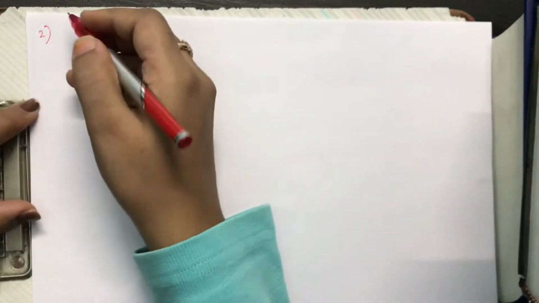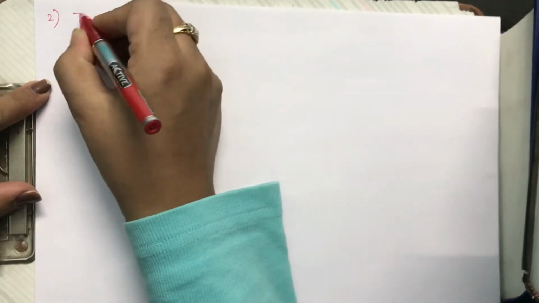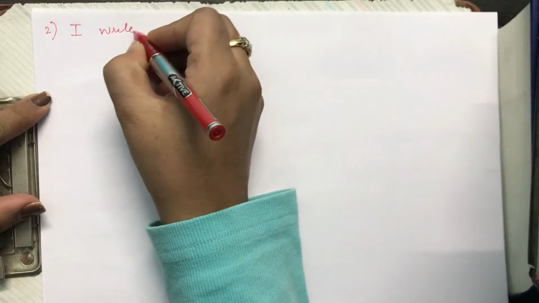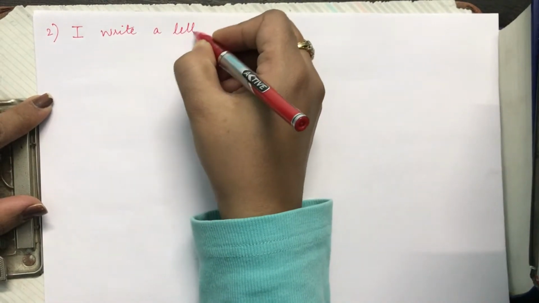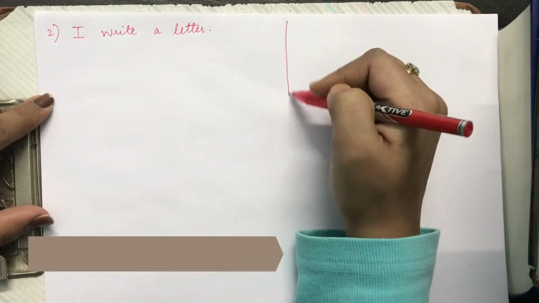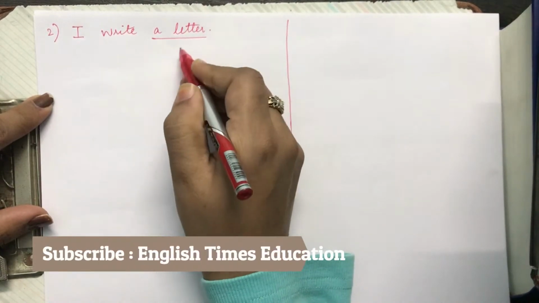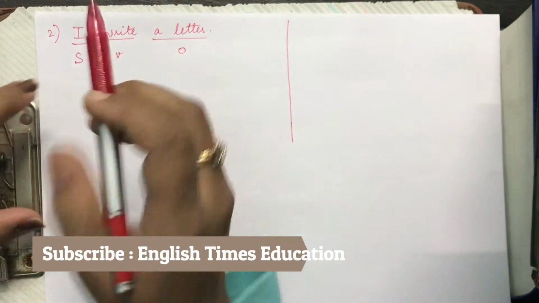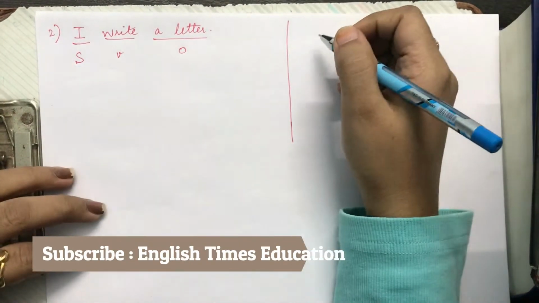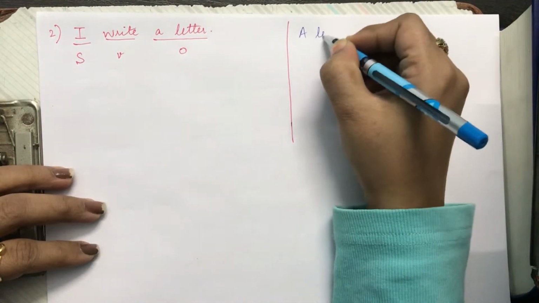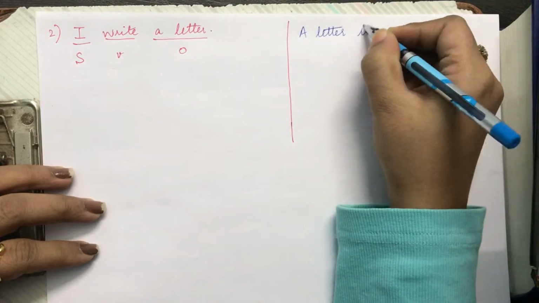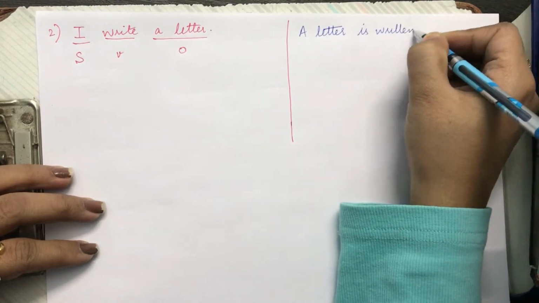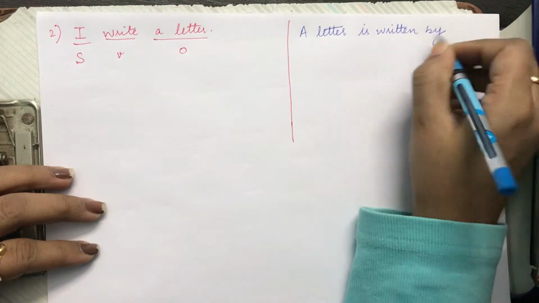Okay, the second example, I write a letter. As you can see, a letter is the object, write is the verb, I is the subject. So the passive form of the same will be a letter is written by me.